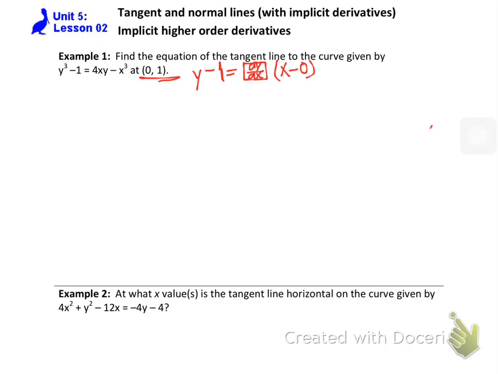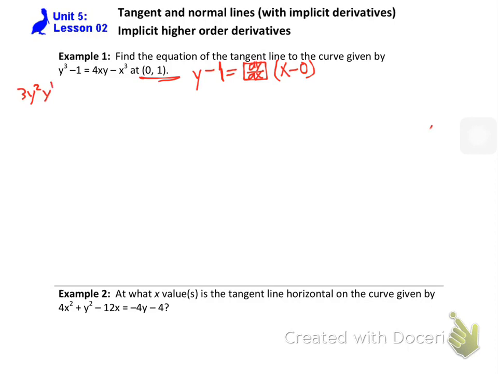So let's go ahead and take a look at the derivative, and then we'll plug in our given values of 0 and 1. Remember, every time we take the derivative of y, we're going to have to write our dy dx. So let's jump right into it. The derivative of y cubed is 3y squared, and since we took the derivative, we're going to put a y prime or dy dx.